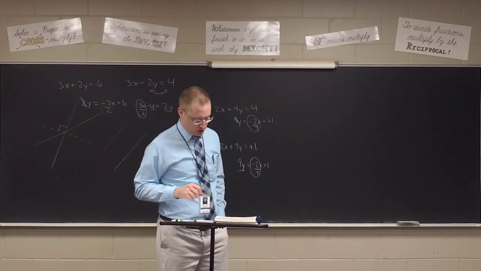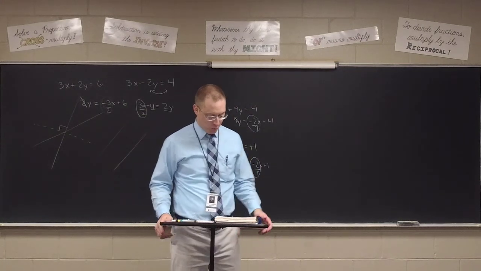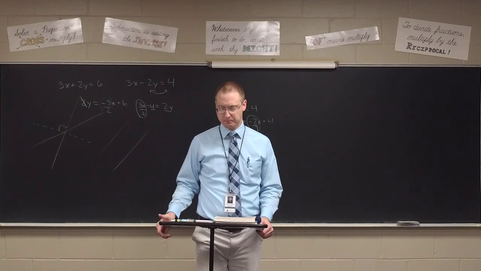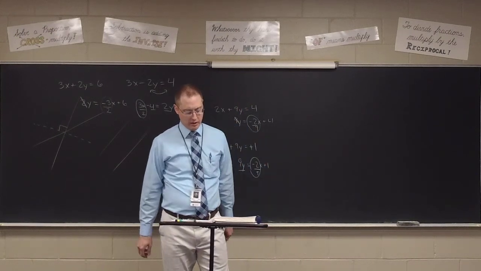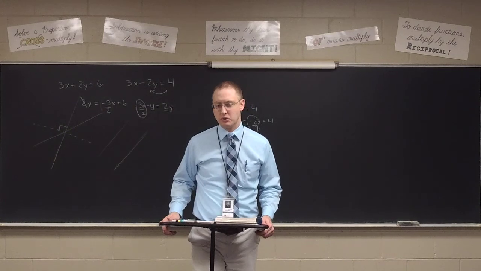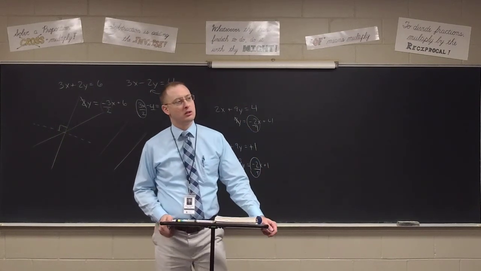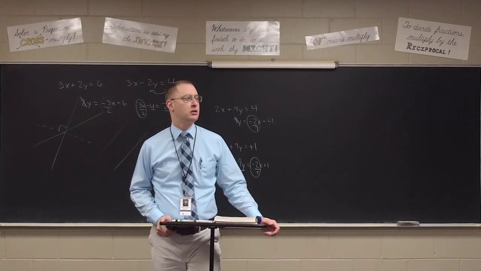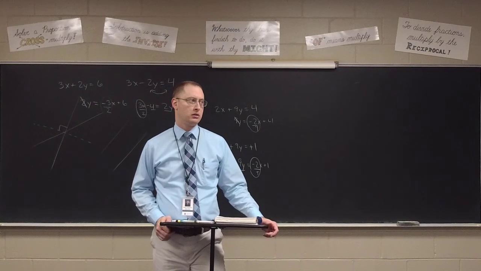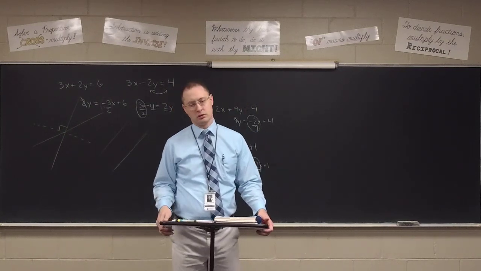We would need to find the slopes of these lines. At your seats, look at line 1. Find for me the slope of line 1. y2 minus y1 over x2 minus x1. Maddie?